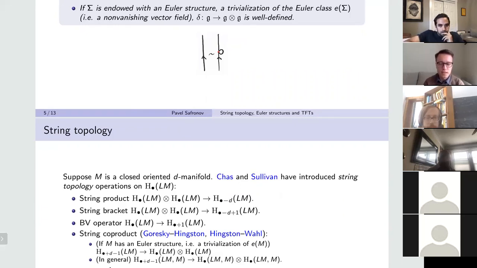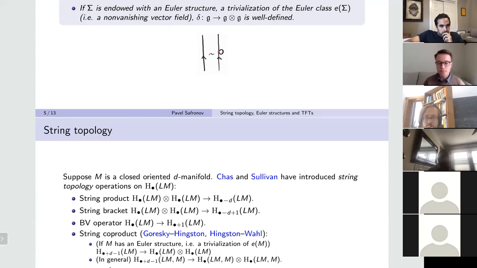Then there's another operation closely related to the string product called the string bracket. It's an operation 1 degree higher. It's also a binary operation, and together the string product and string bracket form what's called a Gerstenhaber algebra. So the string product is graded commutative, the string bracket is the Lie bracket, and together they satisfy a kind of Leibniz identity, or graded Leibniz.